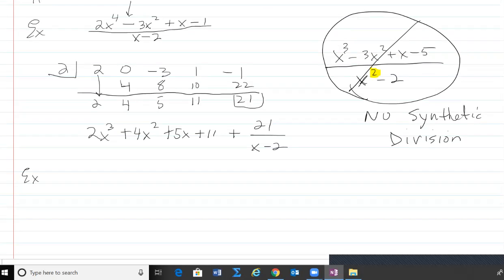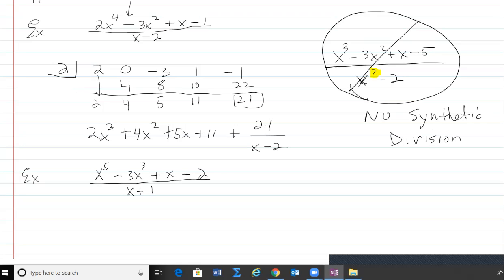Let's find this quotient. Let's do x to the 5th minus 3x to the 3rd plus x minus 2, and we're going to divide that by x plus 1.